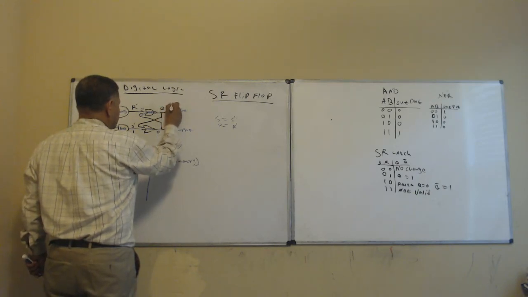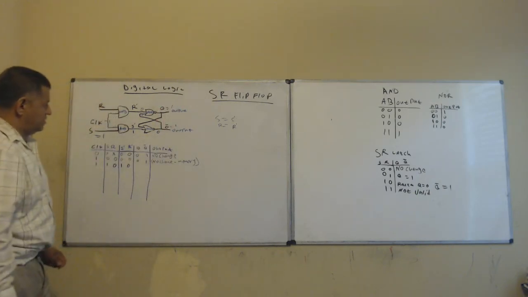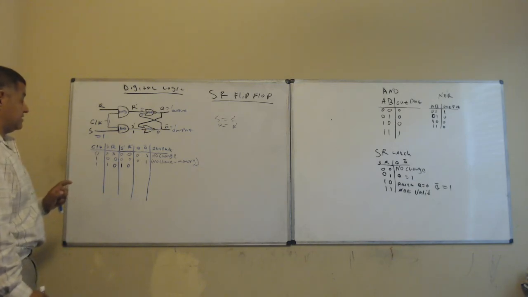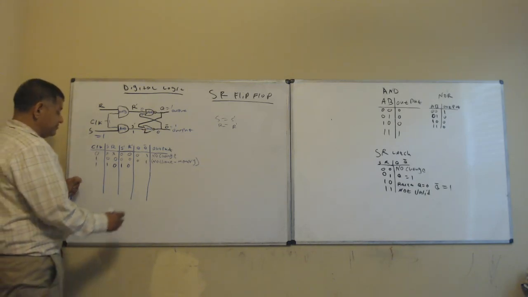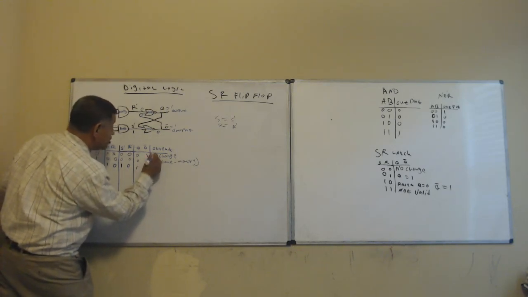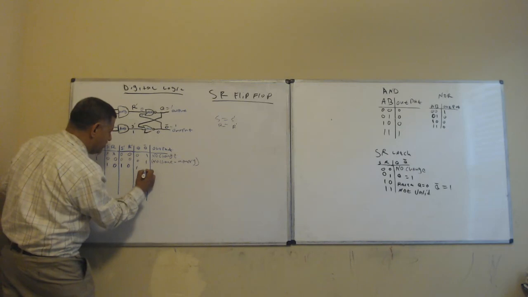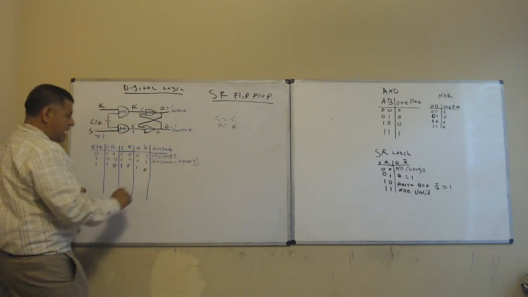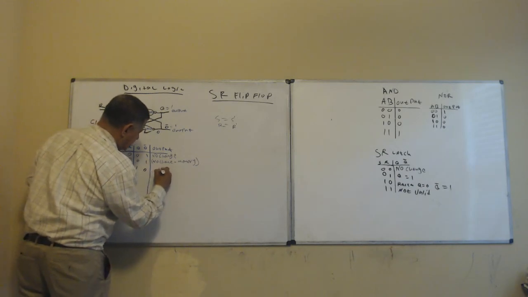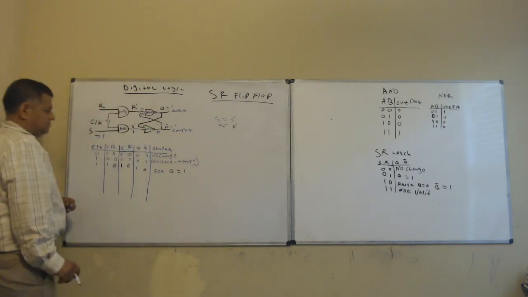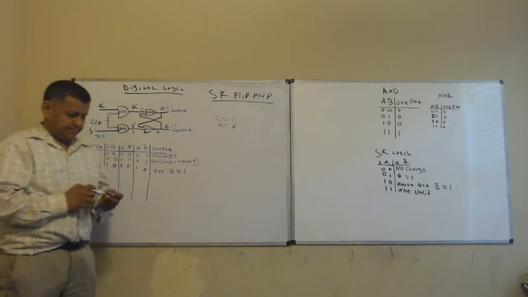So now Q is equal to 1 and Q naught is 0. We just proved that. Now we say set Q to 1.